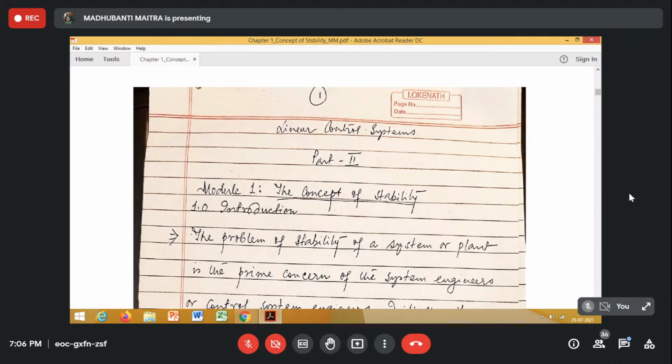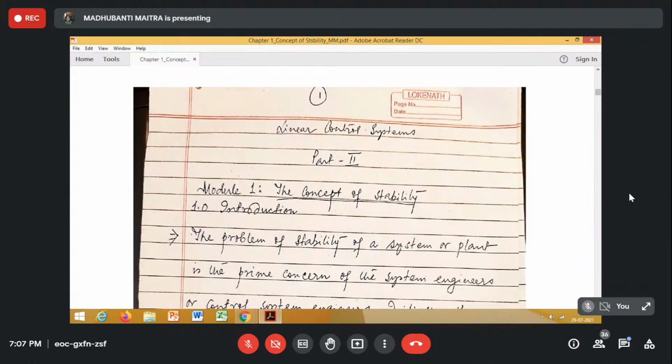So if we find that we have given a bounded input to the system, and if we find that the system output is going on increasing towards infinity, right? So the output of the system is completely unbounded, that means we will not be able to work with that particular system. Why?